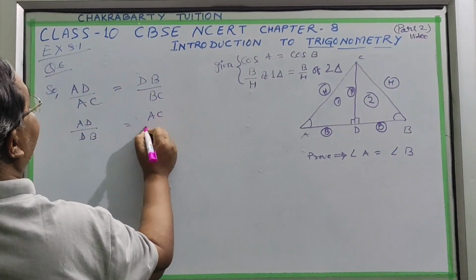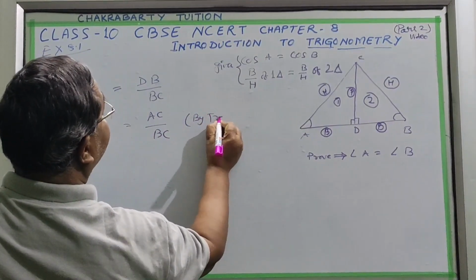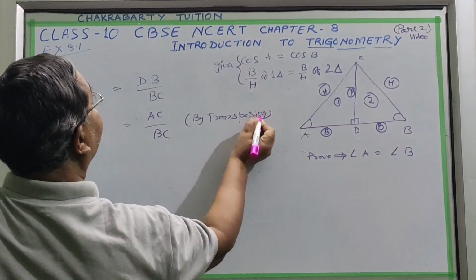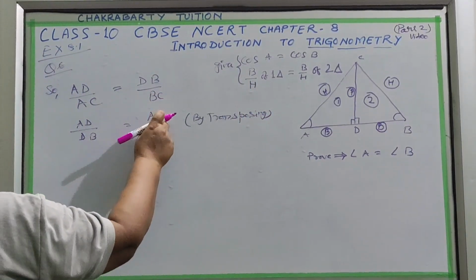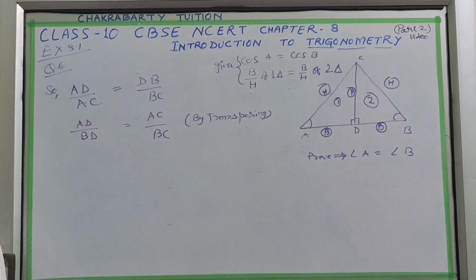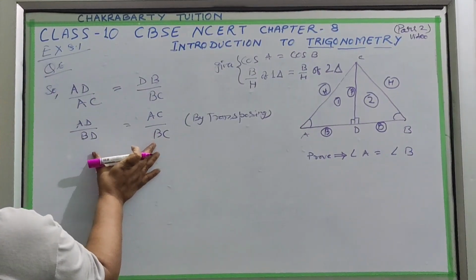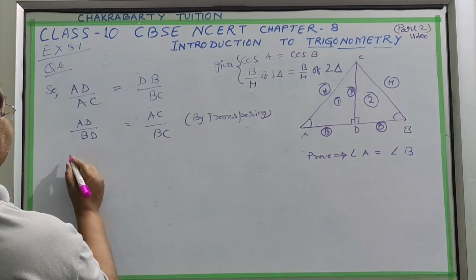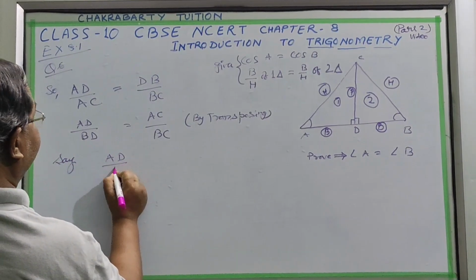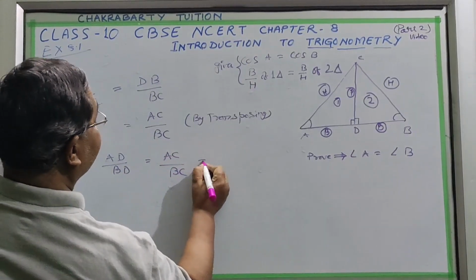So AC and BC we write by transposing. Now these are ratios, so we can take an integer, say AD upon BD is equal to AC upon BC equal to K.